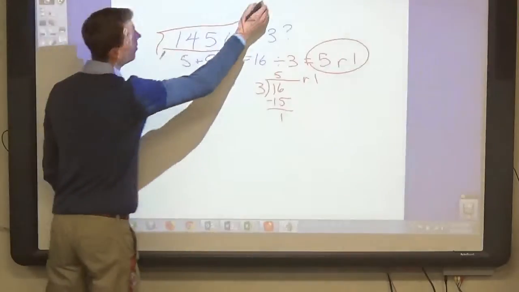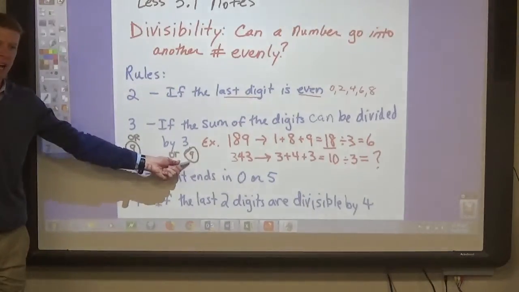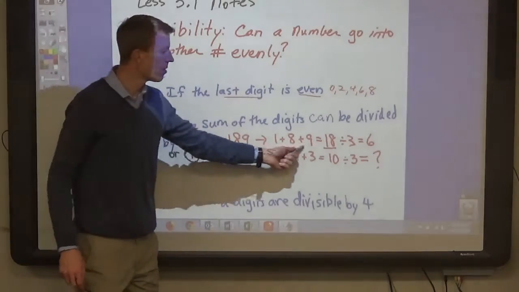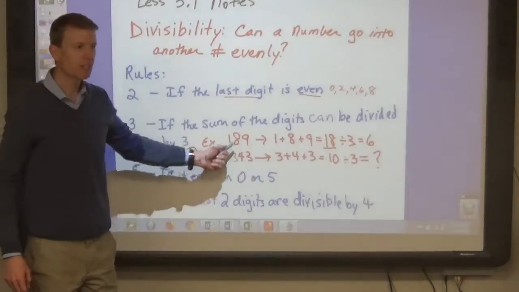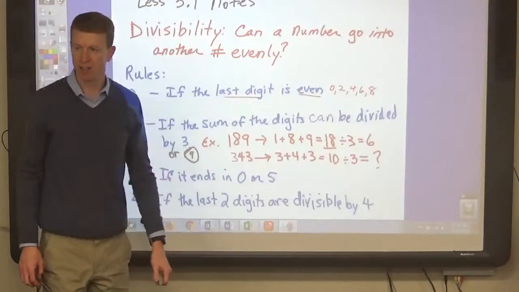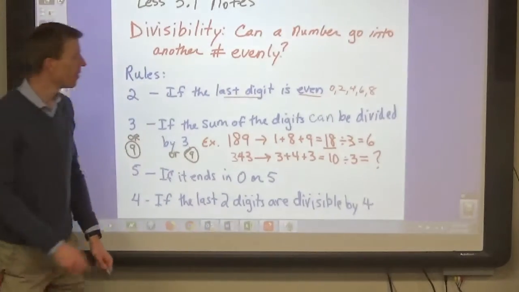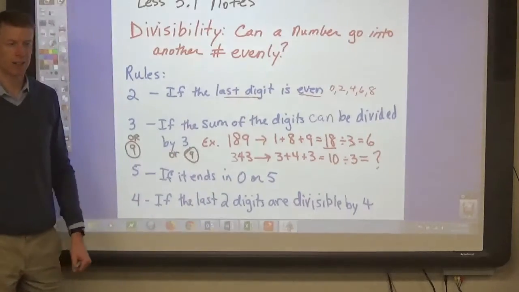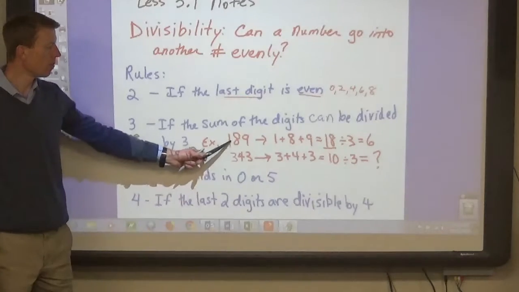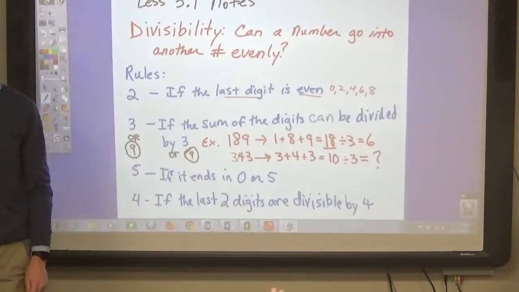Now let's go back to our rule. The same rule applies to the number 9, except that when you add the digits, if the sum is divisible by 9, then the number is divisible by 9. So is this number, 189, divisible by 9?